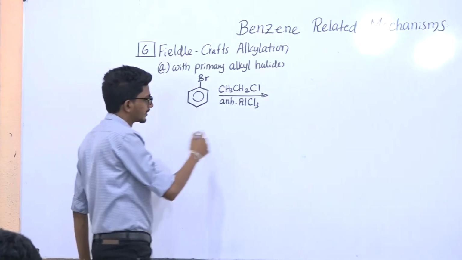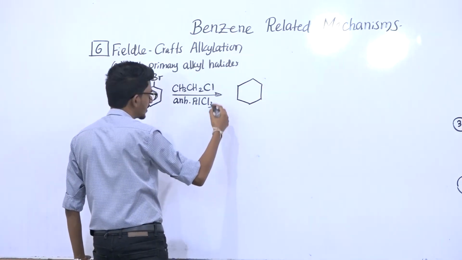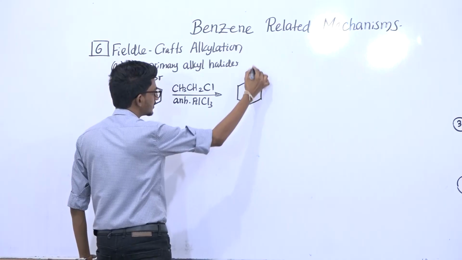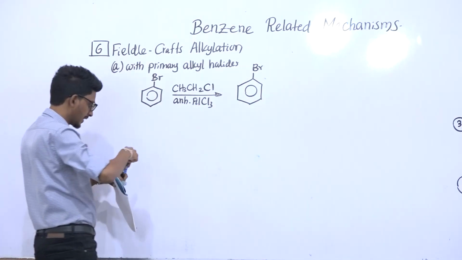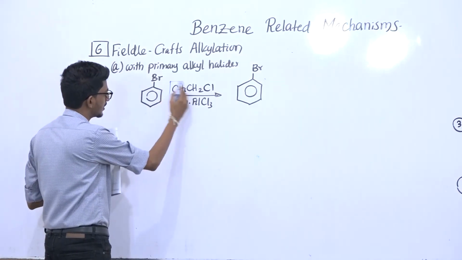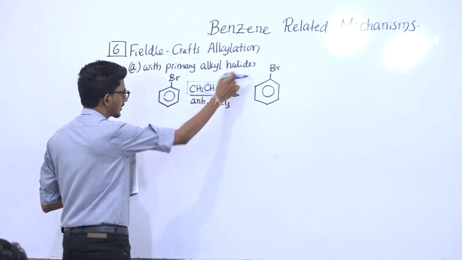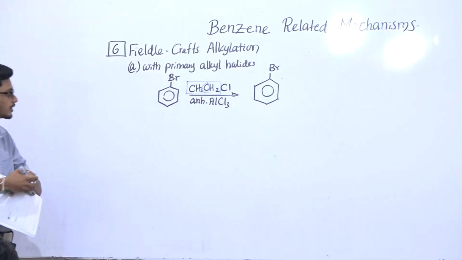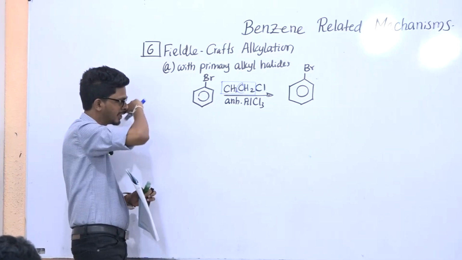So first of all, the product. First write the product, right? Without writing the product you are not supposed to write the mechanism. So what is the product? Here, this alkyl group will be connected from this carbon, as this chlorine leaves. Now you can't connect to any of the positions.